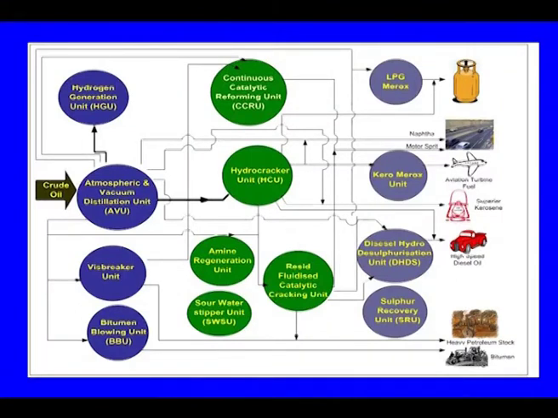So, that was about the hydrogen usage and why hydrogen is important, and it has been shown as a product here. There, what we are doing is the steam reforming of the naphtha, but earlier we discussed the petcoke gasification, because some of the refineries are going for petcoke gasification.